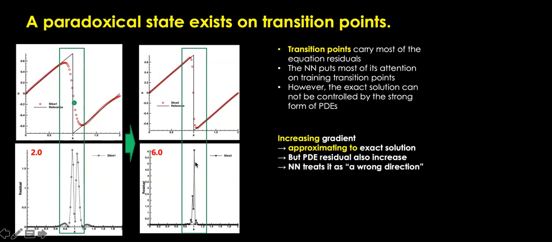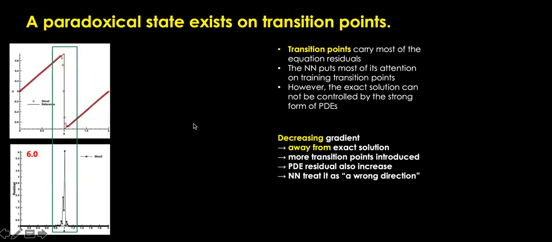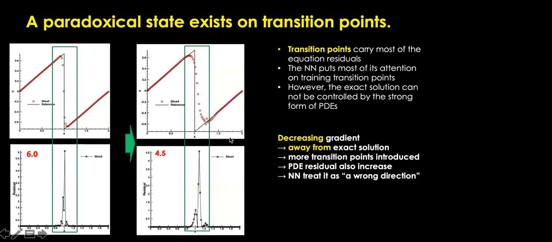Then the neural network may try a different direction that creates a decreasing gradient. But a decreasing gradient moves the solution away from the exact solution. So even though on each transition point the residual is reduced, more transition points are produced, and the total cannot be effectively reduced.